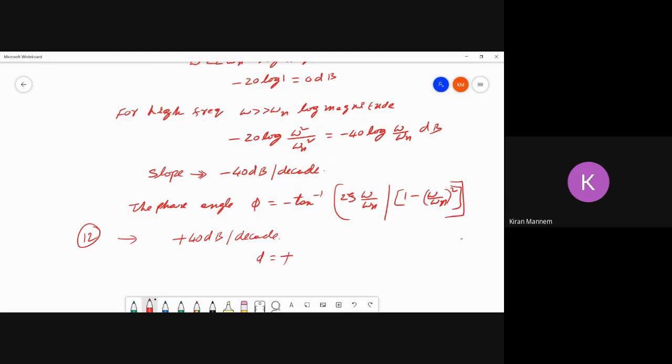The phase angle is plus tan inverse, the same value. Right. So these are the basic factors used in Bode plot. If you have any questions, you can ask till this point.